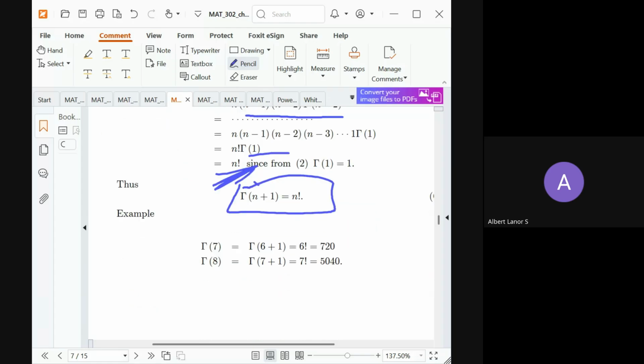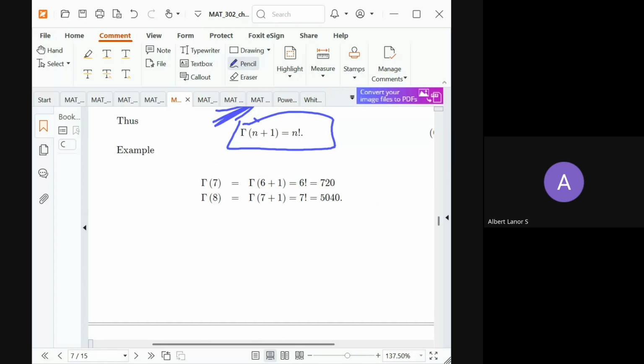So, for example, if we want to find gamma of 7, we'll find 6 factorial. Now, the build-up is like this. Gamma of 7 is 6 times gamma of 6. So it's x and then gamma of the previous one.